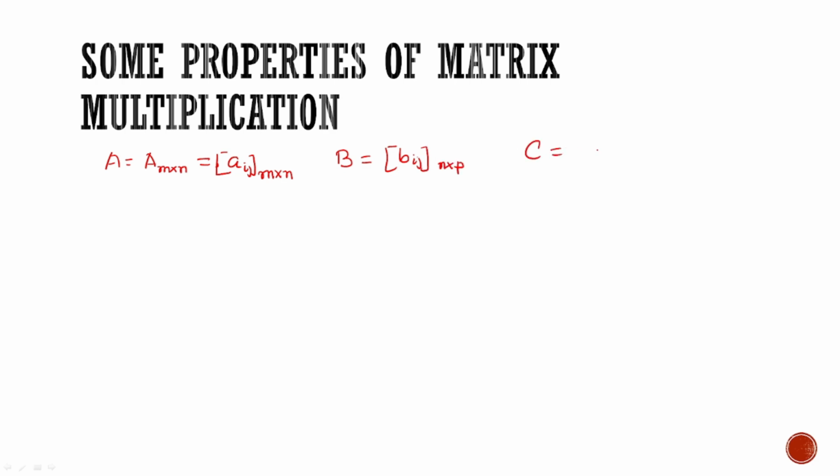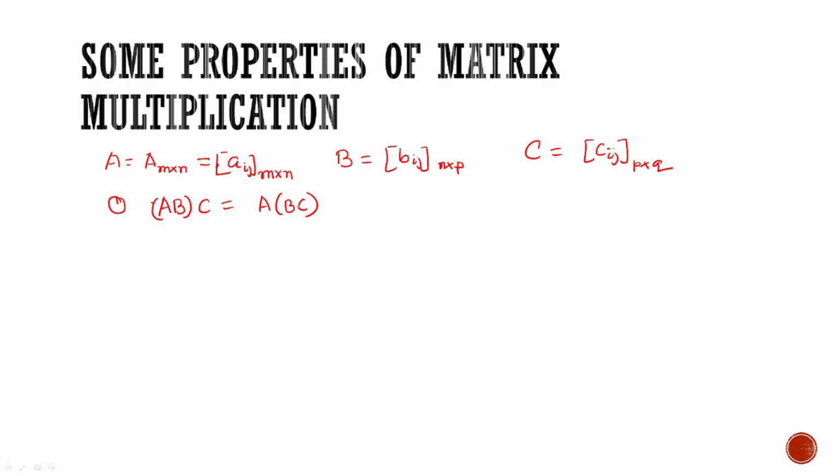And matrix C, suppose C I J, is P cross Q. First we have to verify, for any random matrix, whether this property is satisfied or not.